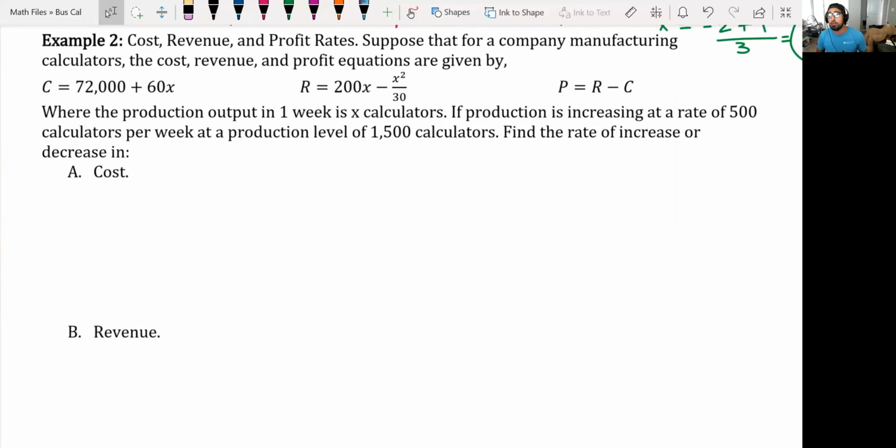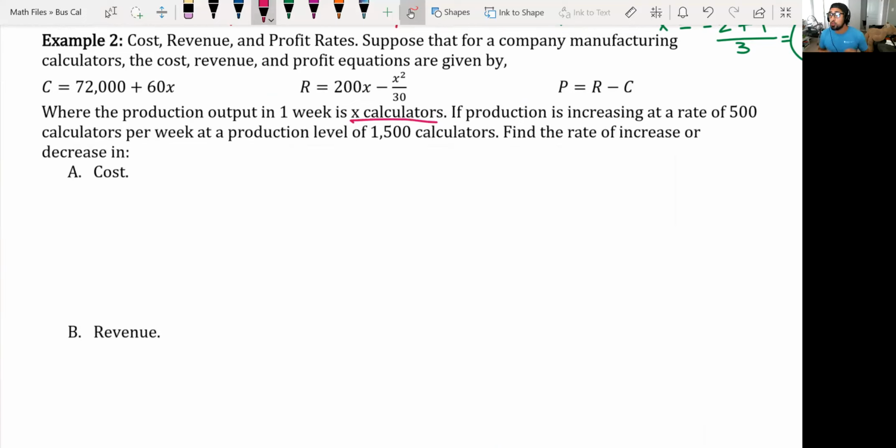Where the production output in 1 week is x calculators. So x represents the number of calculators. If production is increasing at a rate of 500 calculators per week at a production level of 1,500 calculators, find the rate of increase or decrease in the cost, revenue, and profit function.